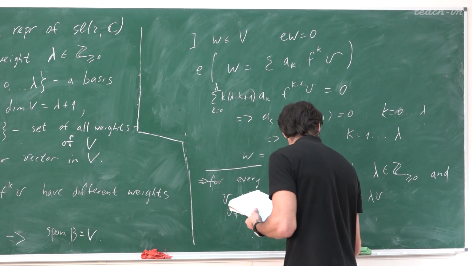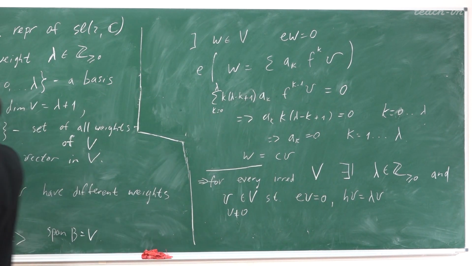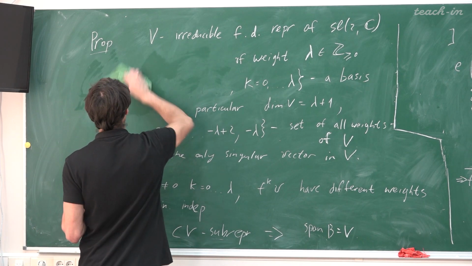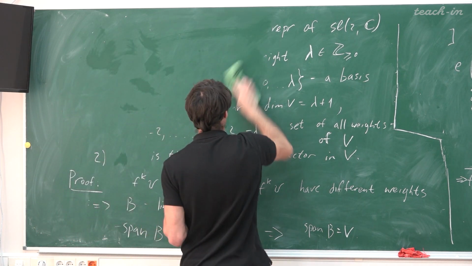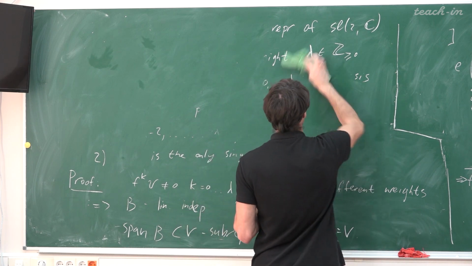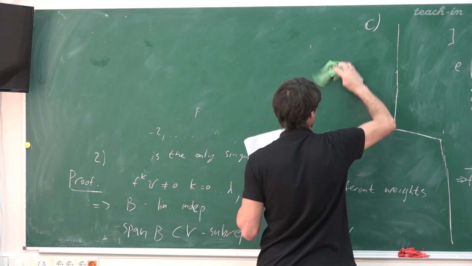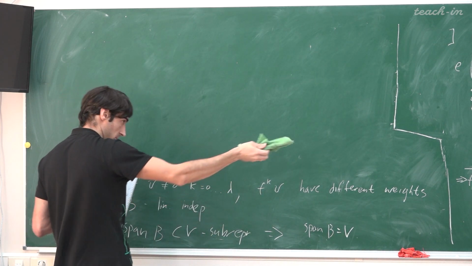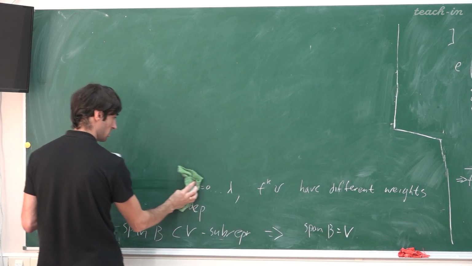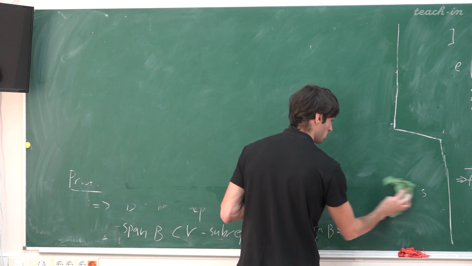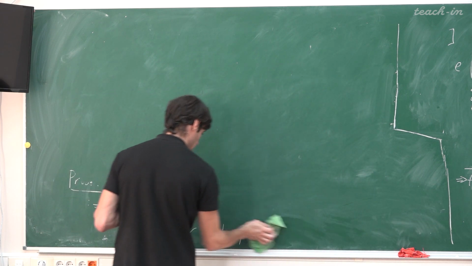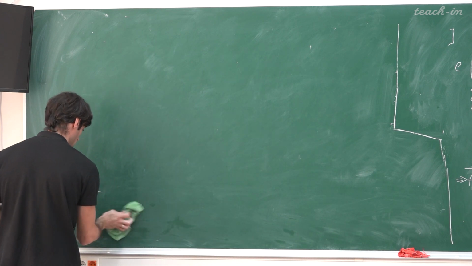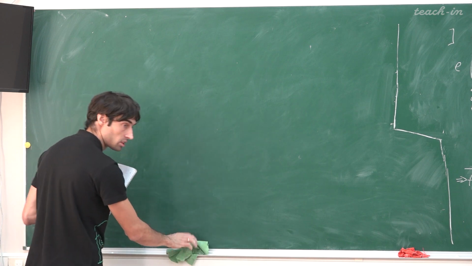Okay, and so I can now define: if I have an irreducible representation, then I can put into correspondence some non-negative integer and some special vector there. This vector is called highest weight vector, and this weight is called highest weight of this representation.